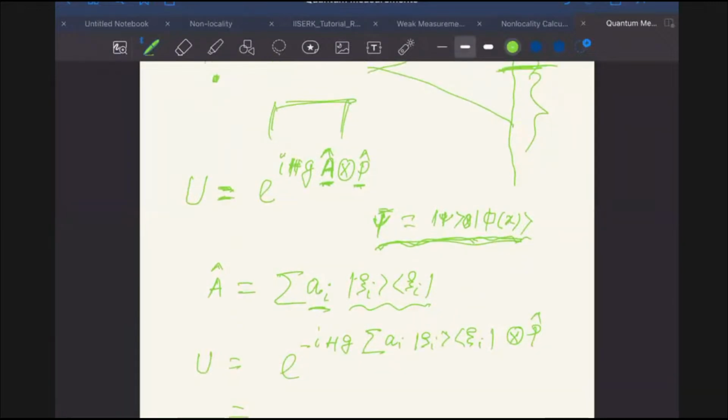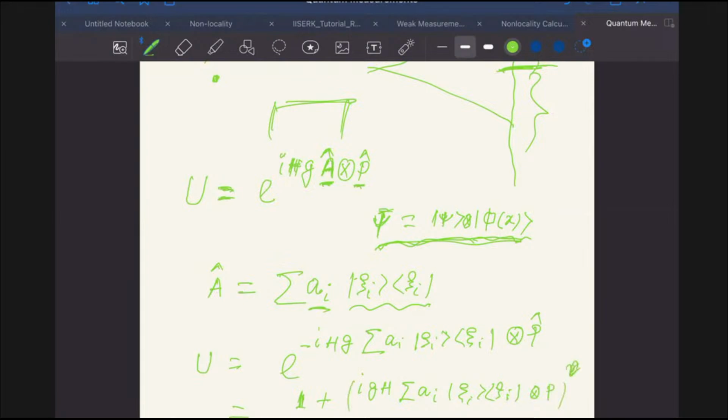So this is the exponential term. So you can write it as a series, right? So this will be 1, the identity, plus the whole term, I, G, H, and AI, JI, plus this whole term squared.